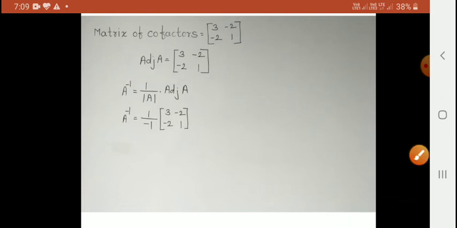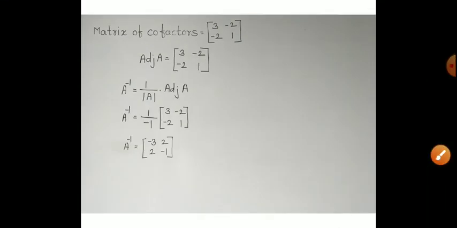Minus 1 into 3 is minus 3, minus 1 into minus 2 is 2, and similarly. So A inverse is minus 3, 2, 2, minus 1. This is the inverse of A.